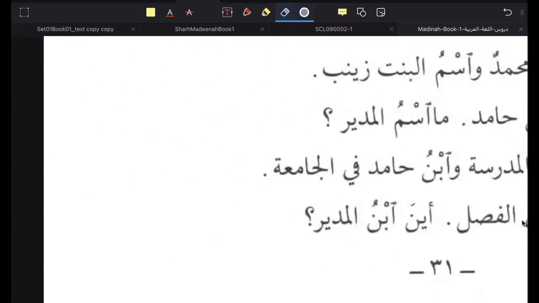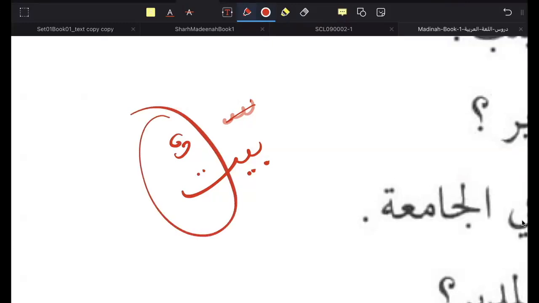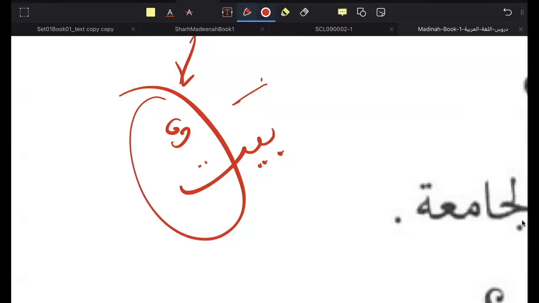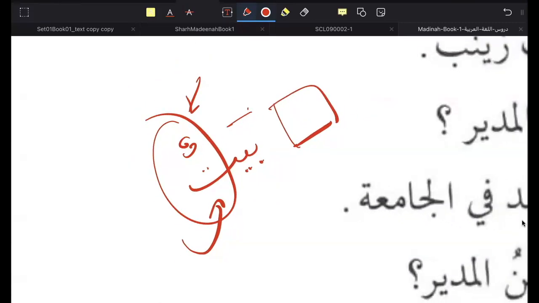So remember the kasra, any word, what we said in the beginning, that the default is what? Default is dhamma. There are only two ways we put a kasra instead of dhamma. One of them is when you have a preposition, and the second one is when it is the second word of idafa. These are the only two ways we put a kasra.